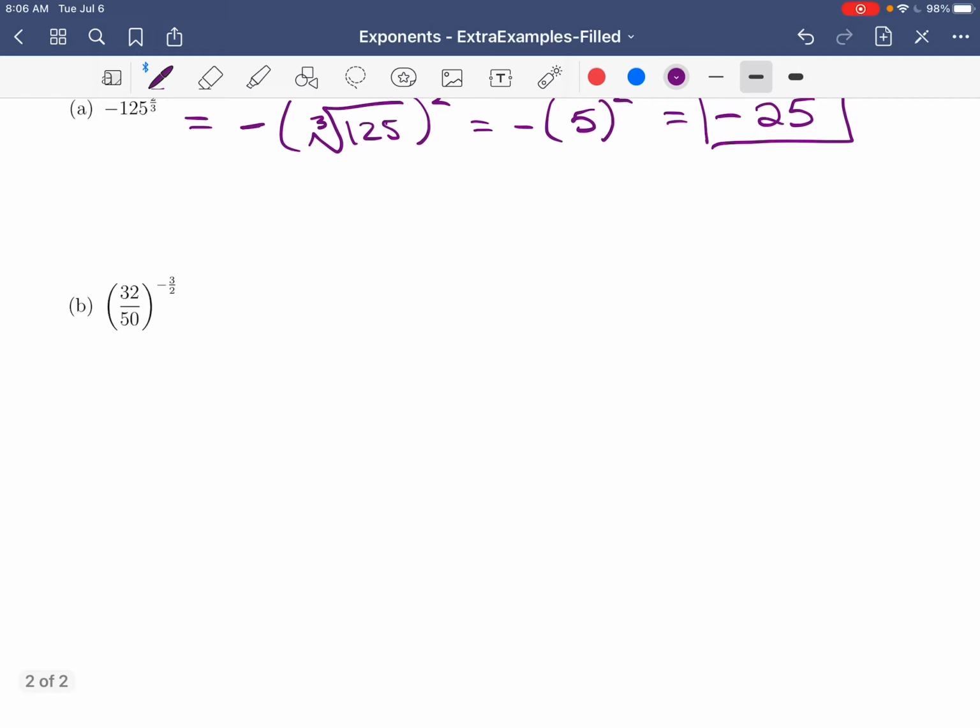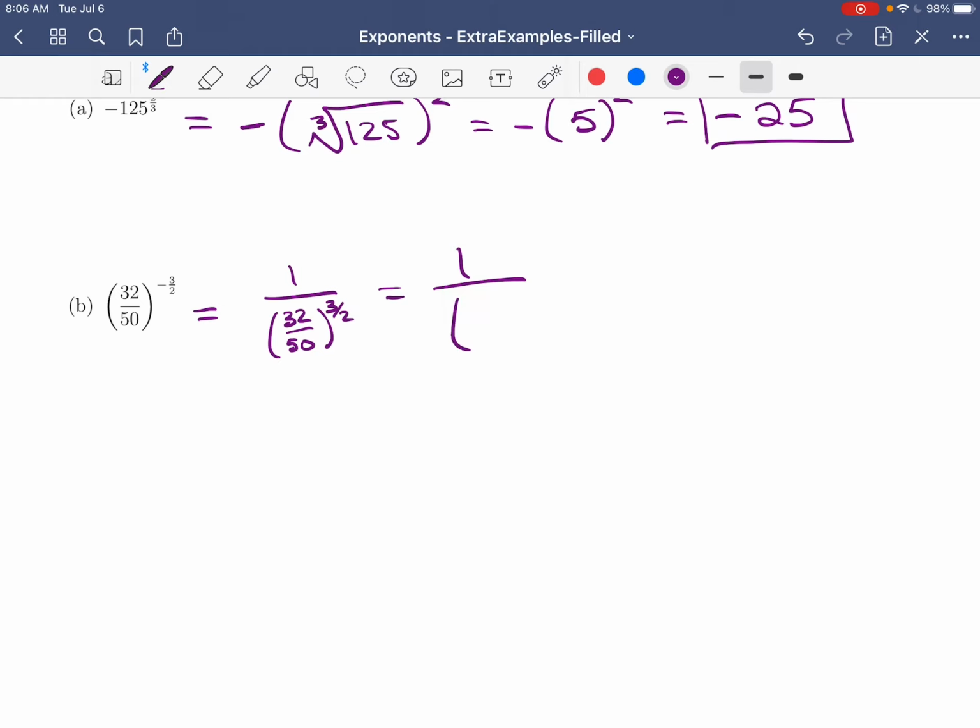Okay, now I have 32 over 50 to the negative 3 over 2. So I don't like that negative power, so I'm going to put it 1 over 32 over 50 to the positive 3 over 2. Now also, 32 over 50 is not a simplified fraction, so I could actually simplify it.